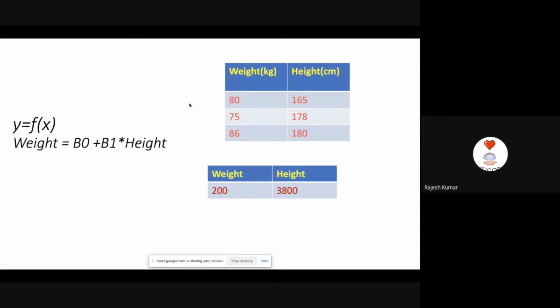Okay, but when we come out with a new set of data, the computation we have done may not fit with what we have observed earlier. So what we have to do, either throw this data out, or consider this as an outlier, and then change the 3800 into some average value of the given data, the average of 165, 178, 180.